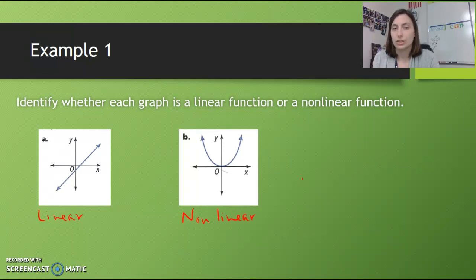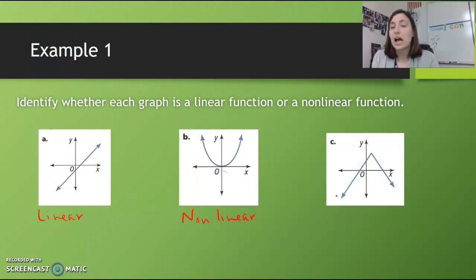And then when we look at C, I know these are created by lines, but when we think of a line, all of them are going in the same direction. Since these have what we call a vertex, this point right here, and then it goes down in two directions, this is still nonlinear because it makes a V shape.